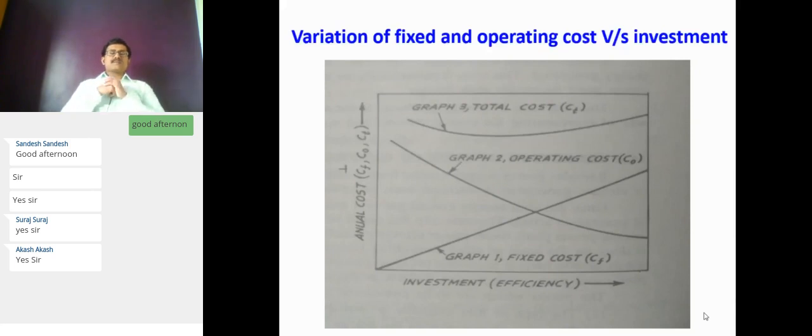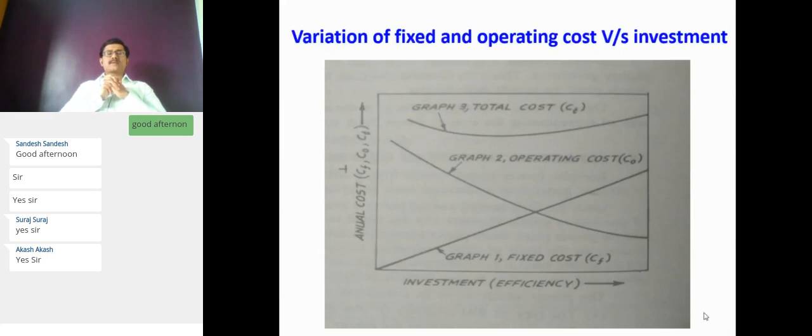Now, if we observe these graphs one by one carefully, the graph number 1 starts from the origin of this arrangement itself, and it follows the straight line path. The variation of the fixed cost is simply a straight line which originates from the origin.